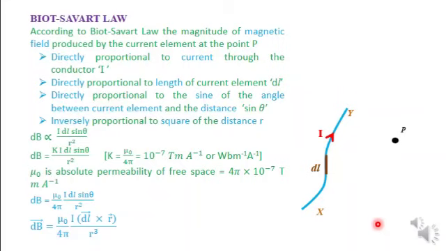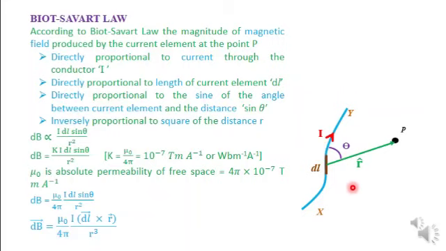Let r be the position vector joining from the current element to the point P. Let theta be the smallest angle between the current element and distance r.